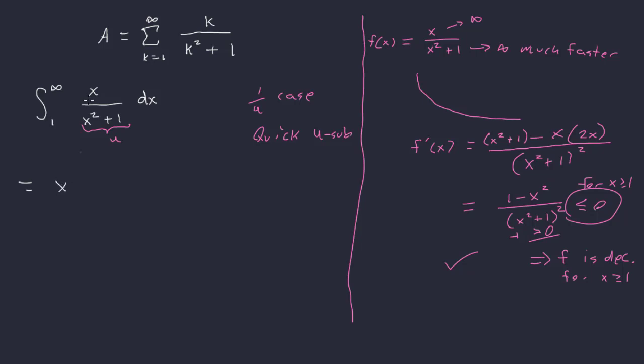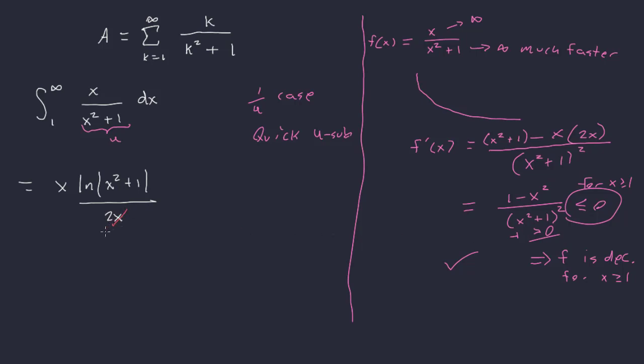All right, so I'll leave the top alone, x. The antiderivative of 1 over u is the natural log of the absolute value of u, which will be x squared plus 1. And then for the quick u substitution, we're going to divide by the derivative of the inside stuff, our u, which in this case is 2x.